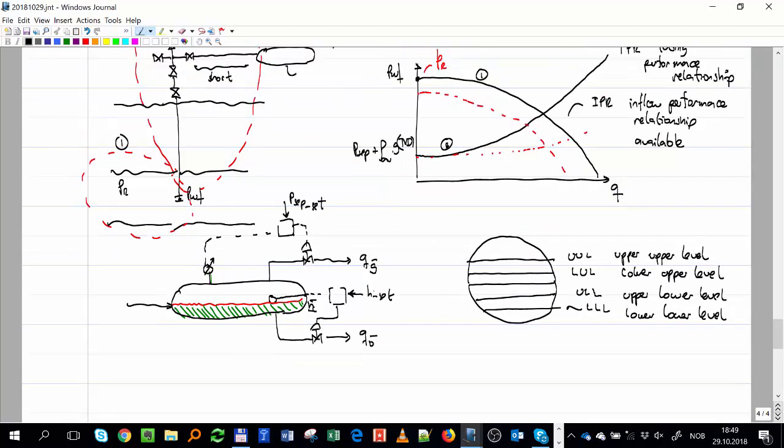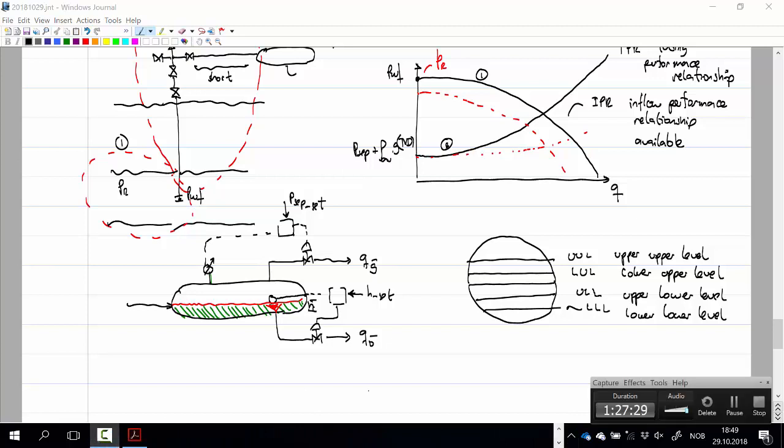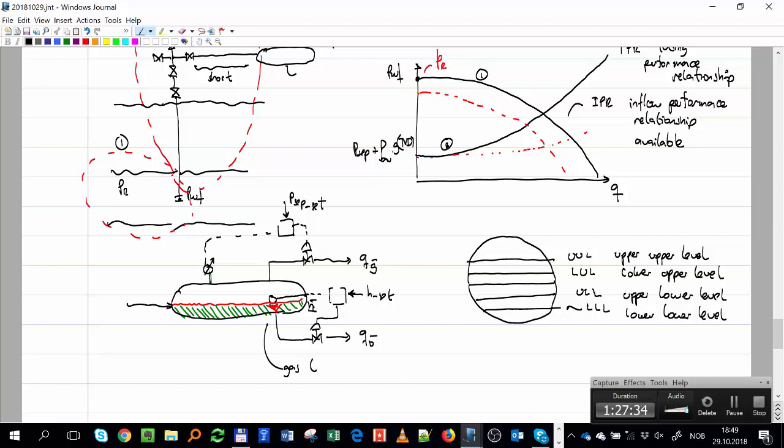Just to put the name, when you have this situation, it is called gas blow by, and that's why you have this alarm here, the lower level alarm. When the liquid level reaches that level, you will probably have gas blow by.